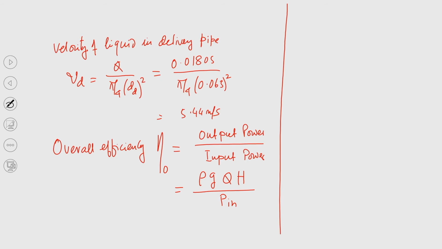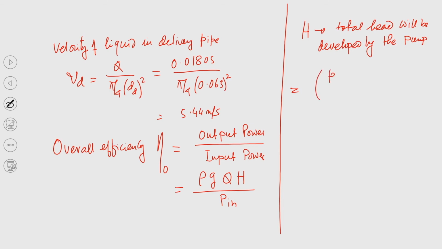This is what is important: H is the total head developed by the pump, and if we recall what we learned in the previous class, it is P d by gamma plus V d square by 2 g, minus P s by gamma plus V s square by 2 g, right.